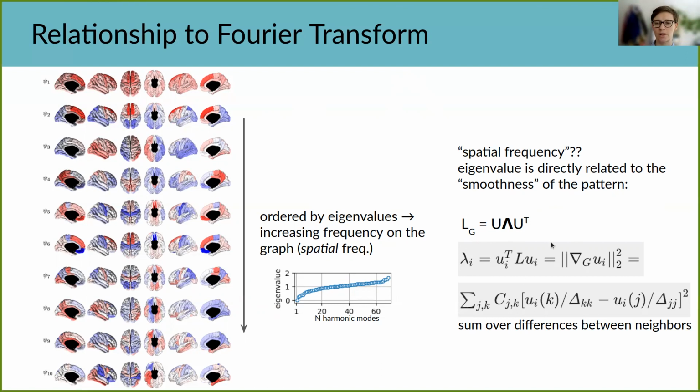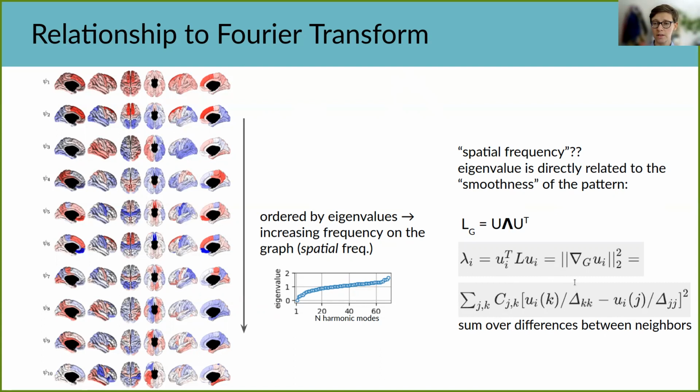You don't have to understand all of this, but believe me when I say that you can write this as a sum over all the entries in the connectivity matrix multiplied by the difference between all the different pairs. So it's the sum over the differences between neighbors. And again, neighbors is not neighboring brain areas as they are shown here, but it's neighbors in the graph as defined by the connectivity matrix.